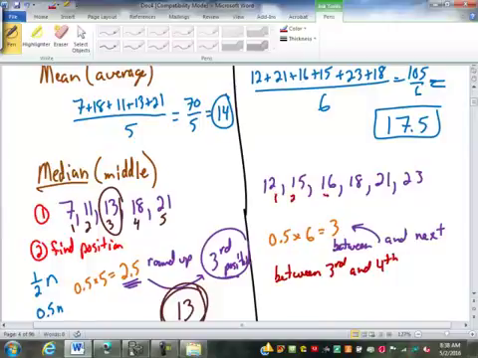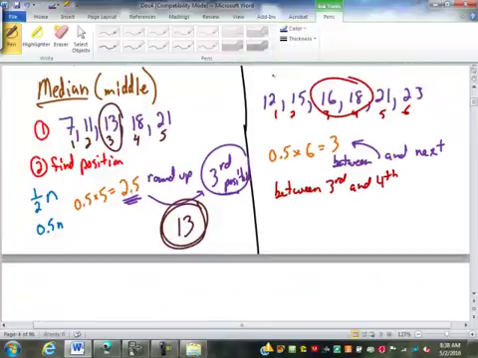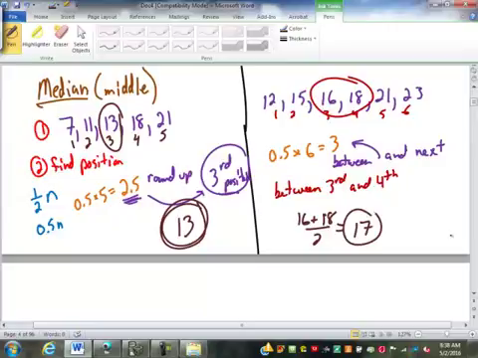So 1, 2, 3, 4, 5, 6. How do we find it? We take those two numbers, 16 and 18, add them together and divide by 2. 16 plus 18 is 34. If you're doing this on your calculator, make sure you hit equals before you divide. 34 divided by 2 is 17, so 17 is the median.